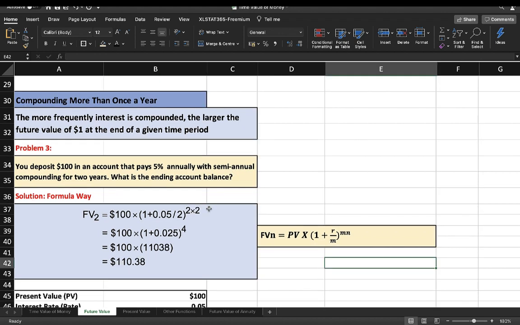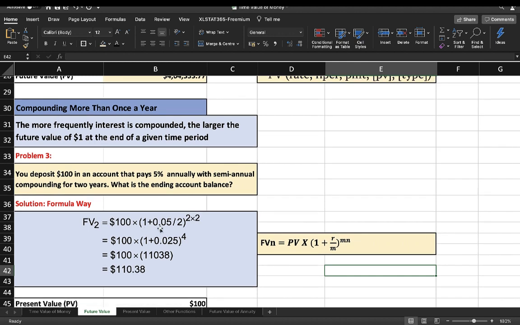So the formula that we used here is PV into (1 plus R upon M) to the power M into N. Here I have put the $100 as PV, then multiplied with 1 plus R, that is 0.05, divided by 2 because it is semi-annual.